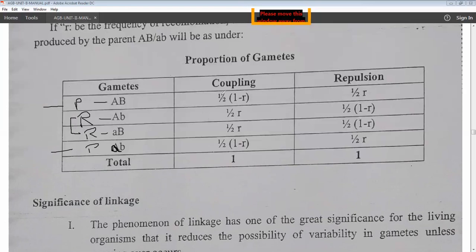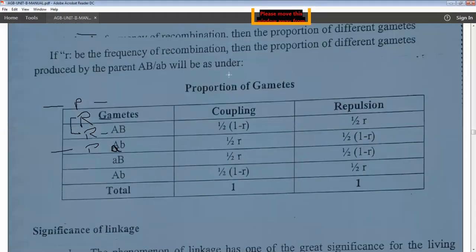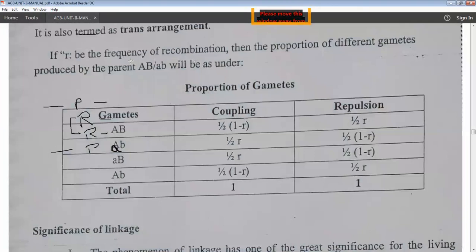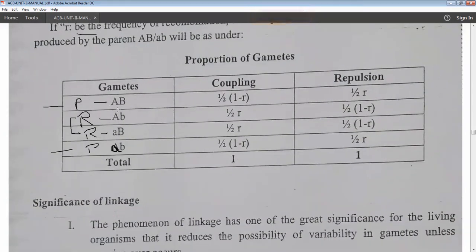Okay, so in this particular case, if R is the frequency of recombination, the frequency or proportion of the gametes for the parental form is, that is, half bracket 1 minus R, or you can write it like 1 minus R by 2.